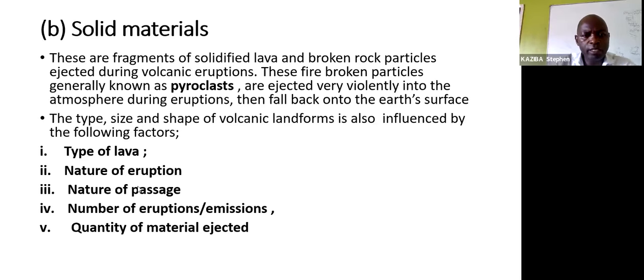So these are the other factors now. Nature of eruption, nature of passage, number of eruptions, quantity of material. So you explain your landform very well, then you bring these ones by the way, you just mention them. However, there are other factors. Then you explain nature of eruption, nature of passage, like that.